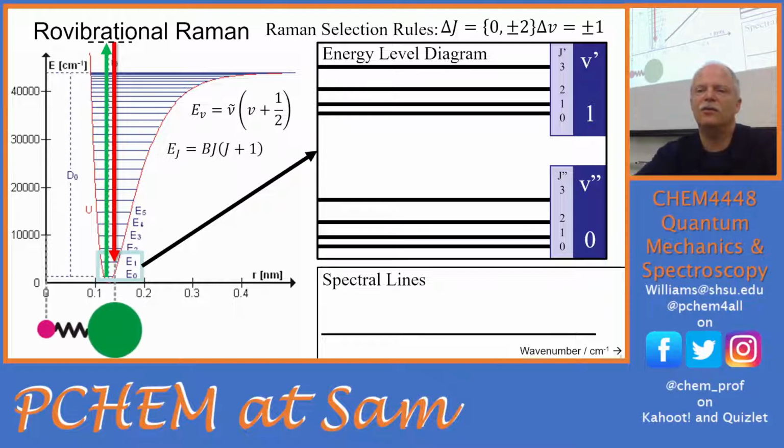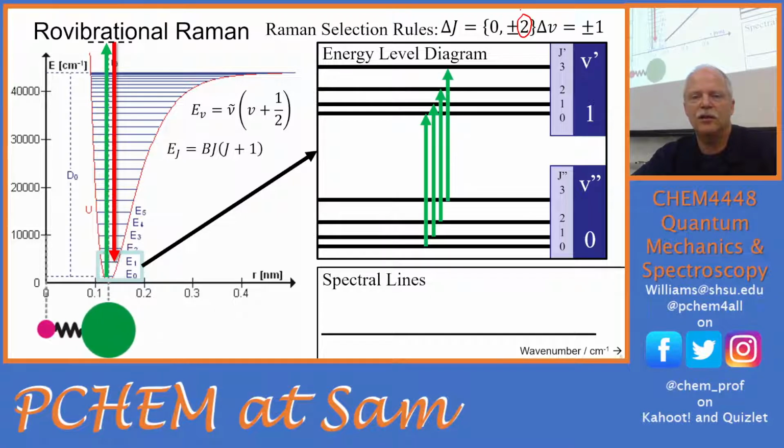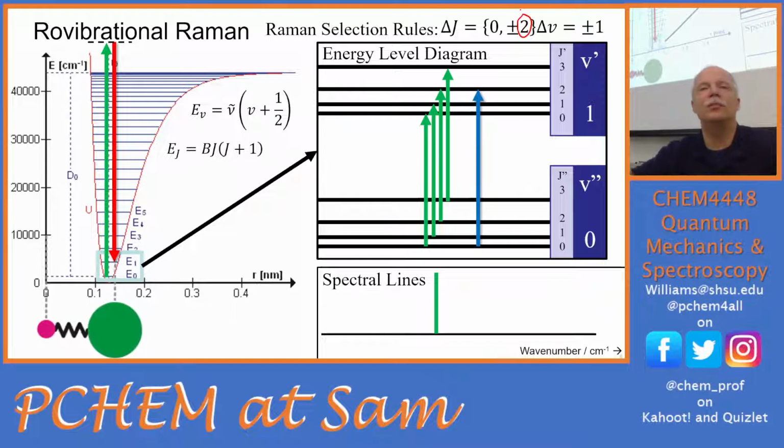We have different selection rules, and so now the J values are plus or minus 2, and 0. So we still have Q branches. There's our 4 Q branch lines, and they show up as one spectral line. But now we're going from J equals 0 up to 2, so we're going by plus 2. And then we're starting at J equals 1 and going up to 3.